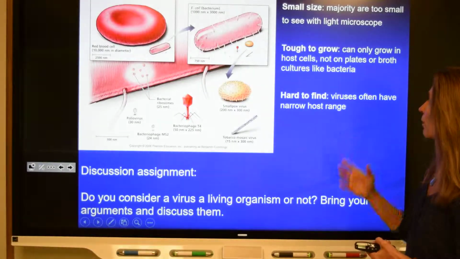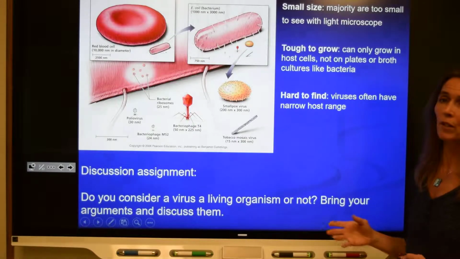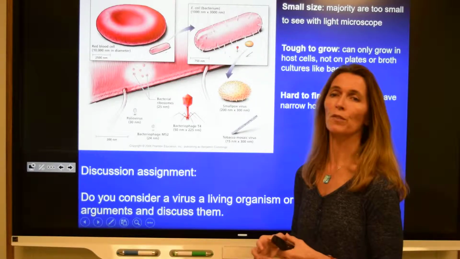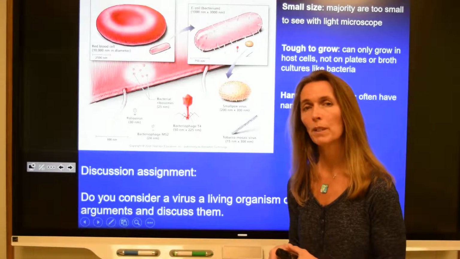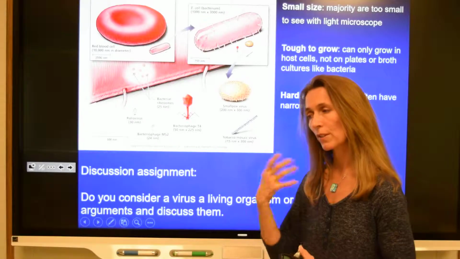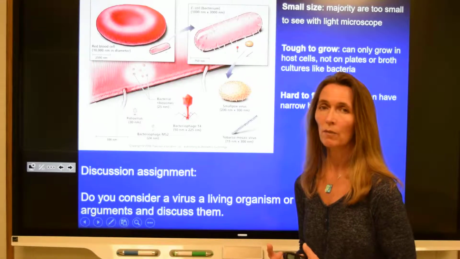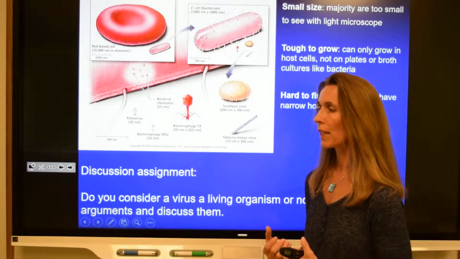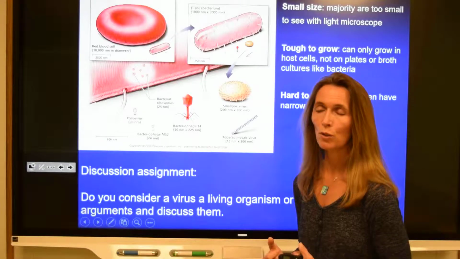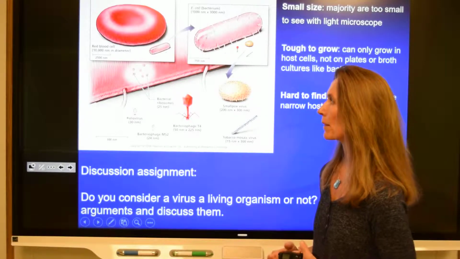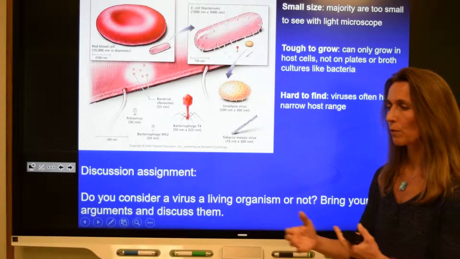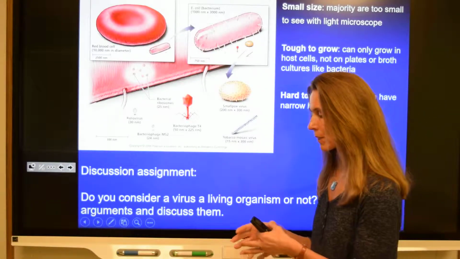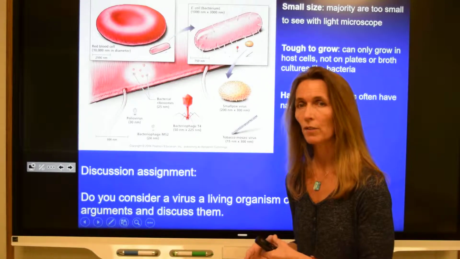And then they're hard to find because they often have a very narrow range of host individuals. This is why often diseases cannot be transmitted from animals to humans. Obviously there are cases which are very dangerous, such as the bird flu or avian flu that can be transmitted to humans. But in general, these viruses are very specific for their host cells.